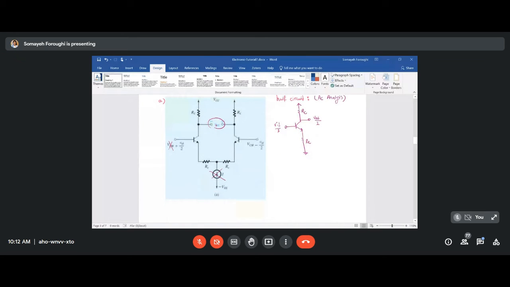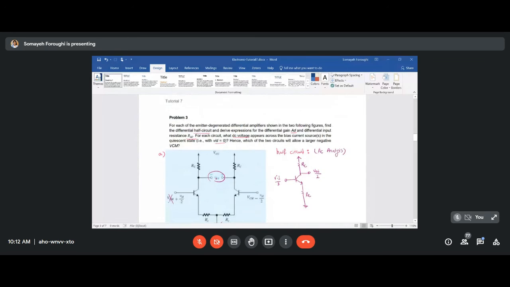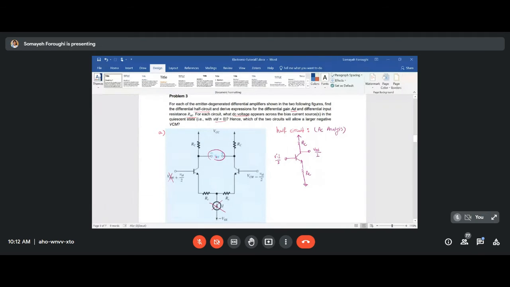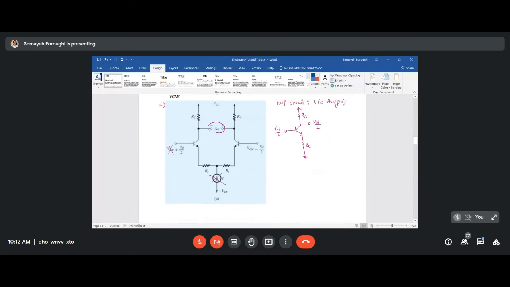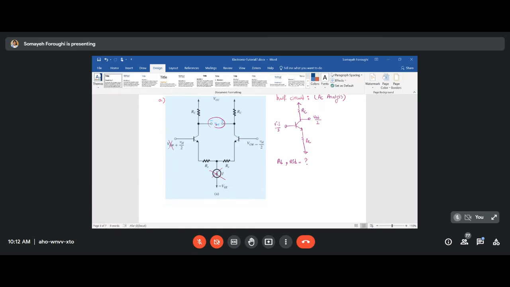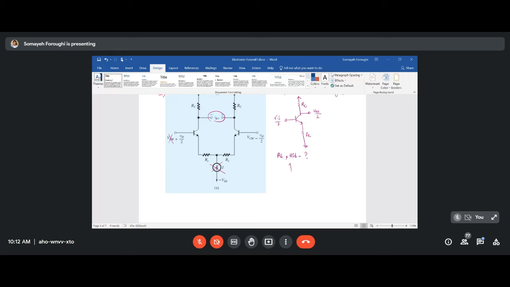So continuing this, I need to find the differential gain and RID. For finding differential gain and RID, again, I will need to work with the whole circuit, not the half circuit. Finding AD and RID, meaning the voltage gain and the input resistance, needs AC analysis of the whole circuit. So finally, you will have RC. You will have your transistor.